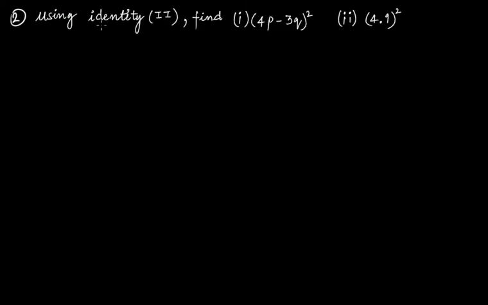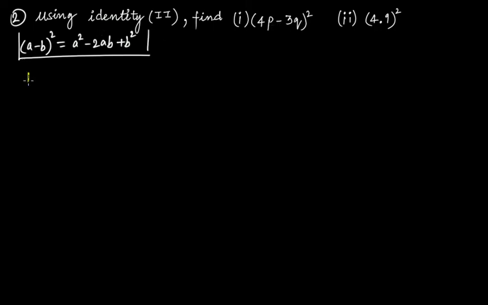Now here you have: using identity 2, find (4p - 3q) whole squared and 4.9 squared. Now we know that identity 2 says that (a - b) whole squared is equal to a squared minus 2ab plus b squared. Now let's solve this one. Here you have a as 4p and b as 3q.